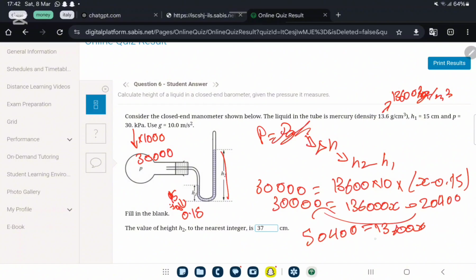And then you move 136,000 to the other side, you divide it, so 0.37 approximately equals x. This is in meters, they want it in centimeters, so you multiply by 100 to get the answer in centimeters.